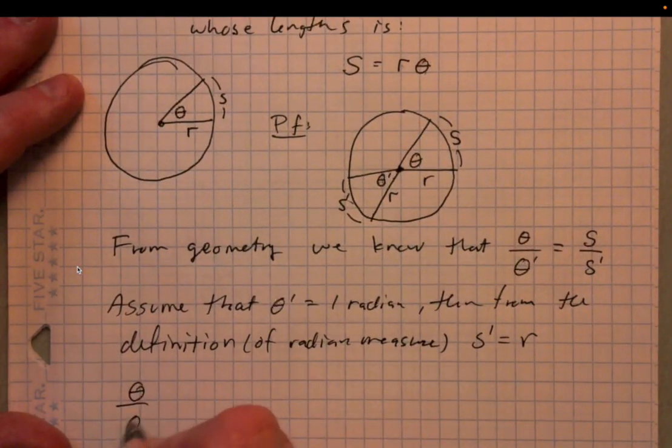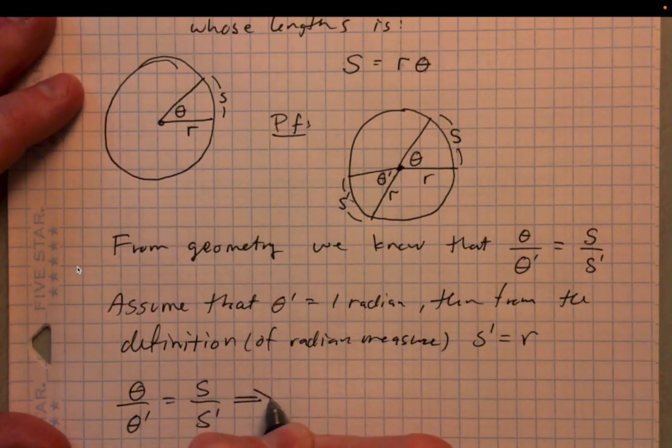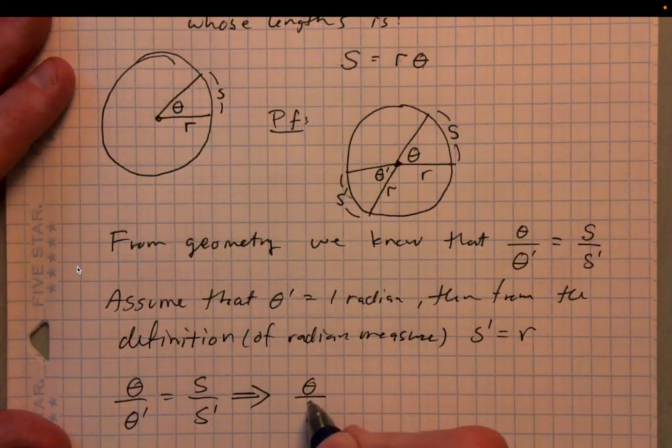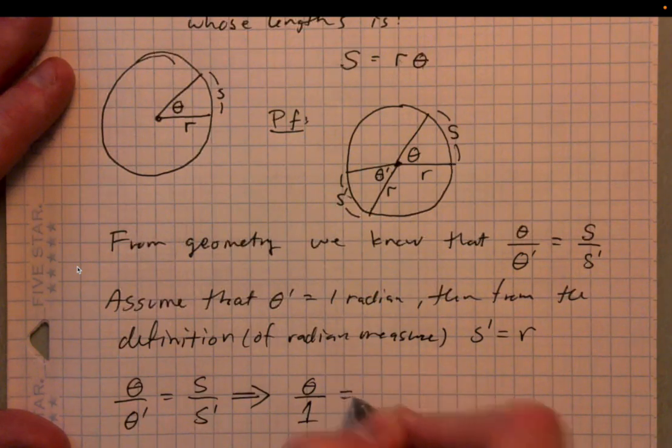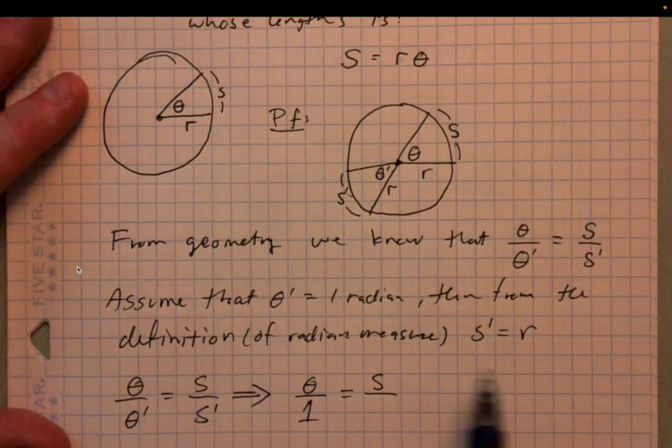So theta over theta prime is equal to s over s prime. And if we assume that theta prime is 1 radian, then we get theta over 1, the measure is 1 radian, is equal to s over s prime, but s prime, in the case of theta prime being a radian, must be equal to r.